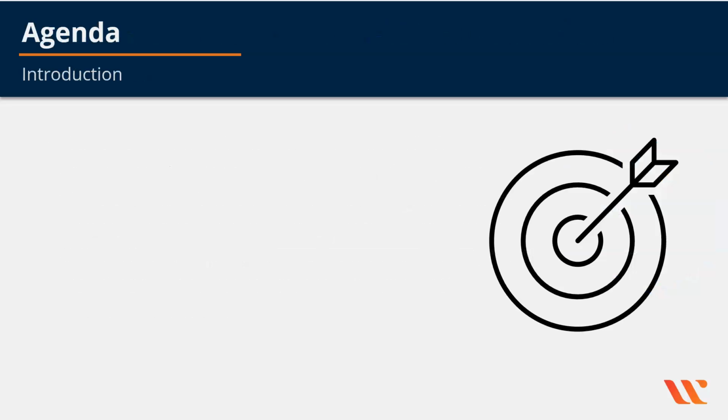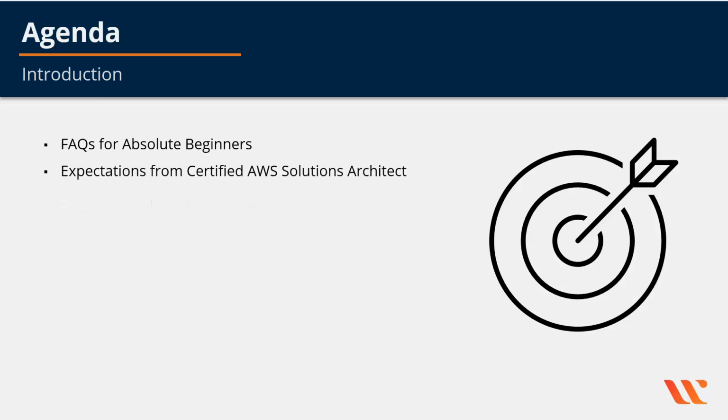So without further ado, let's discuss the agenda for today's class. First, we will see some doubts or questions from an absolute beginner. Then we will discuss what the expectations are from a certified solutions architect. We will see the exam details. Then we will discuss the content outline of the exam.